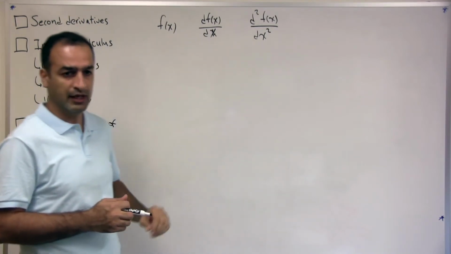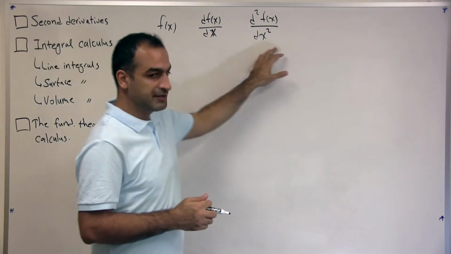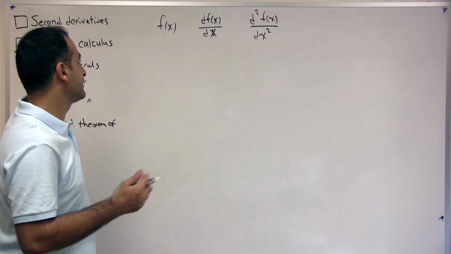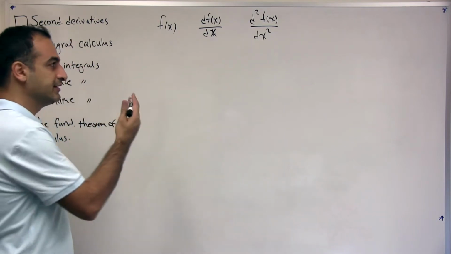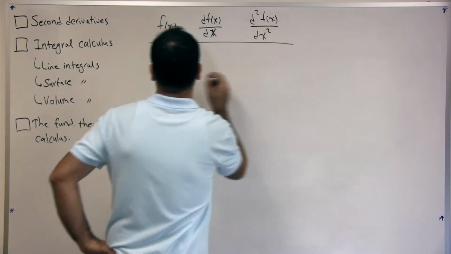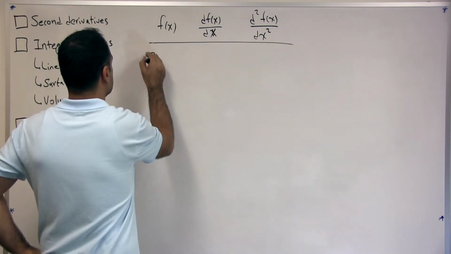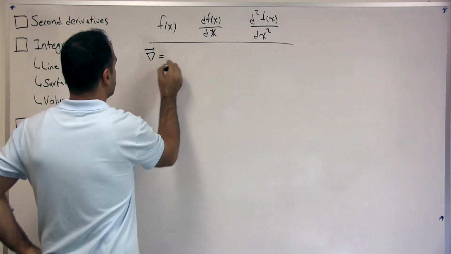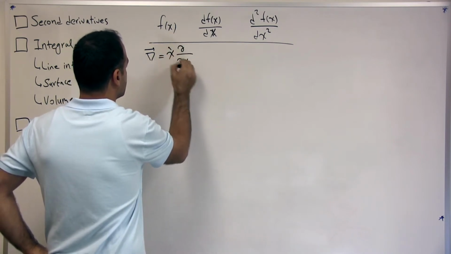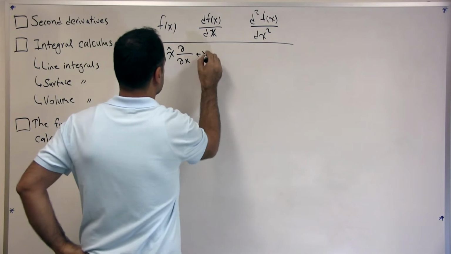Now, this is for a simple one-dimensional function. You have used that a lot in physics, and in mathematics and everywhere as well. Very trivial concept for you. Now, what we want to do today, we learned about the del operator, right? The del operator is the partial derivative with respect to each direction times the unit vector. Okay.